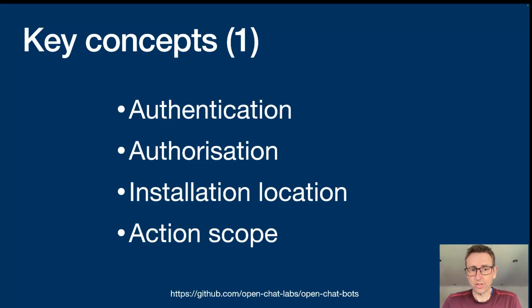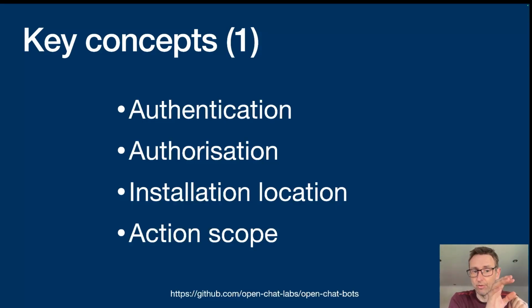The action scope is closely related to this idea of installation location and the concept of authorization. So when you install a bot, you grant it permission to act within that particular scope and nowhere else. Okay? Bots are never allowed to operate globally, and they can only be given permission to operate within a scope by the owner of that scope. So some scopes are hierarchical, of course.